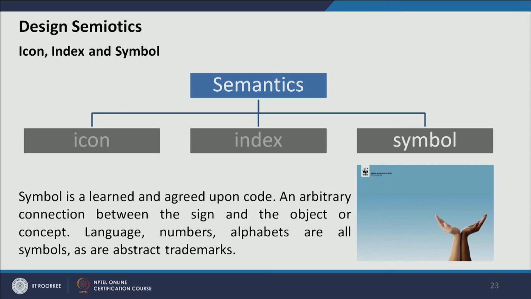So we can conclude that most people will agree on the symbol's identity, and it will be more universal. But an index is more fluid, and it may represent some other kind of secondary or hidden meaning.